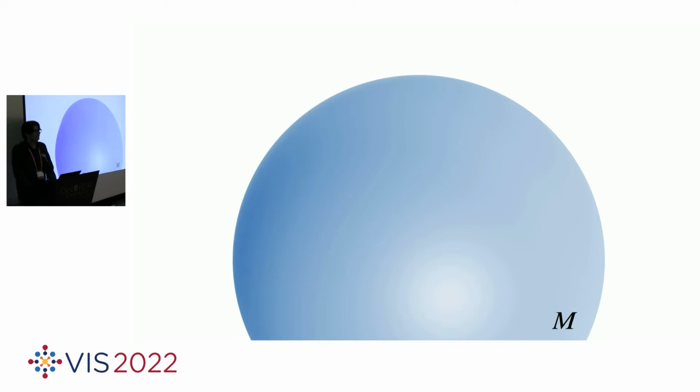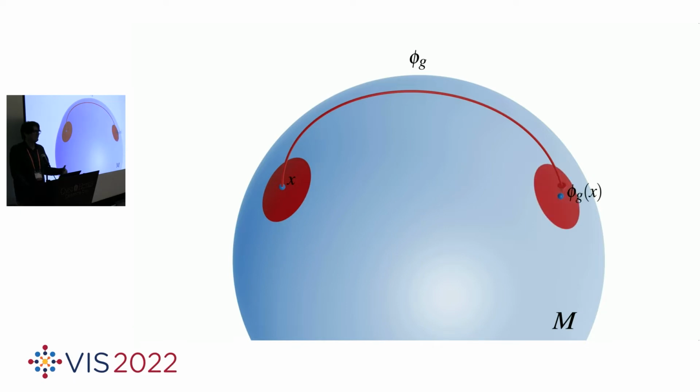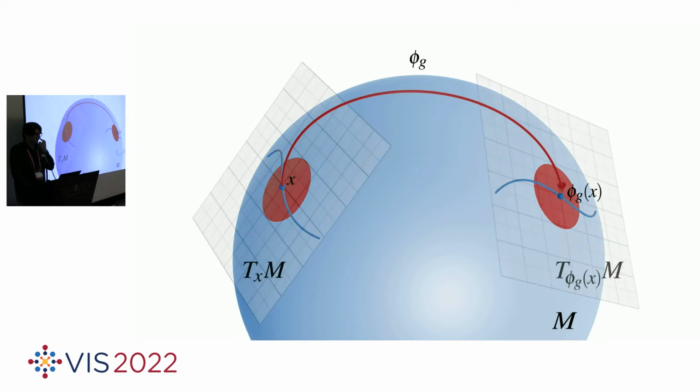There's a very intuitive illustration for how this works. So we have seen this already. We take our diffeomorphism and we map from one point to another point, where the mapping is defined for a region around this point, which also allows us now to map curves. So we can map entire curves to other curves. And what the push forward does is it maps from this one tangent space on the left to the tangent space on the right that lives somewhere completely different on the manifold.